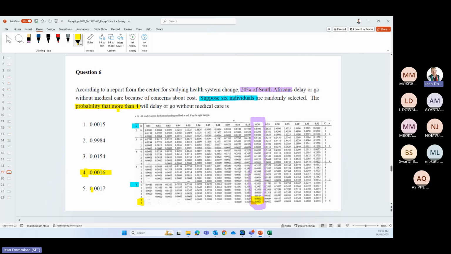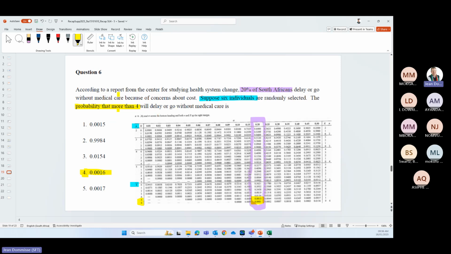I don't like that they do this because there might be tables that are rounded off more. That option is only if you're looking at 4, and that one is only if you're looking at 5. So again, a few different options for you for the binomial.